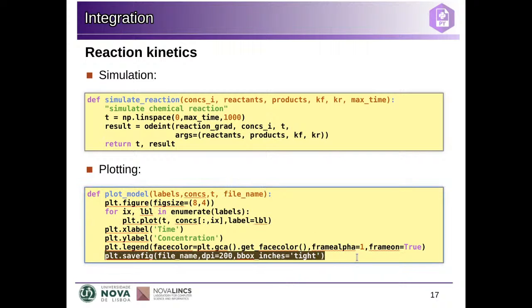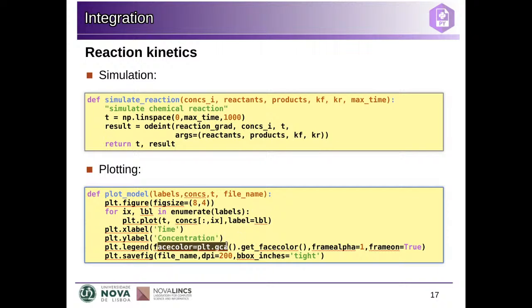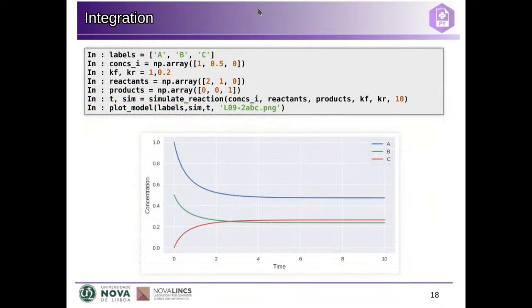Note that I'm always doing this, saving the figure, because the idea here is not to run the code to look at the graphs, but to automate the generation of the graphs so that then you can import them into your documents, in your reports or things like that. So we are always aiming at automating these tasks. So we put the labels, time and concentration, the legend with the different names of our species, and again the same trick, and this is how things will look.